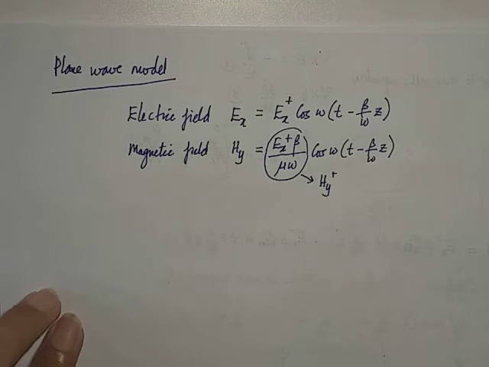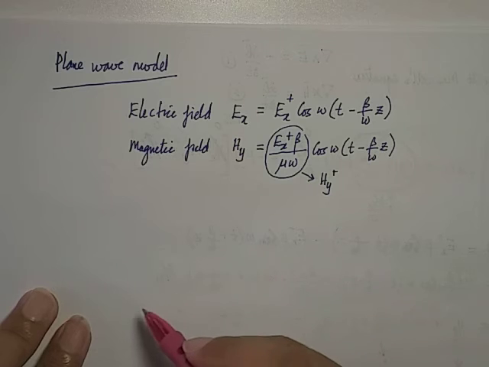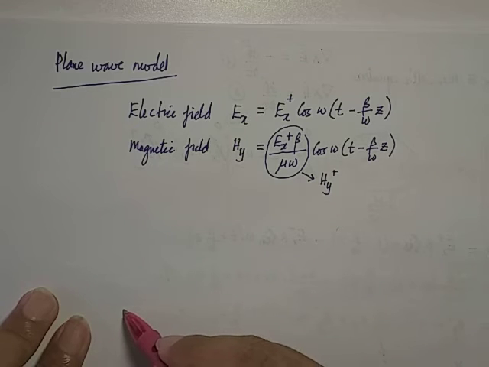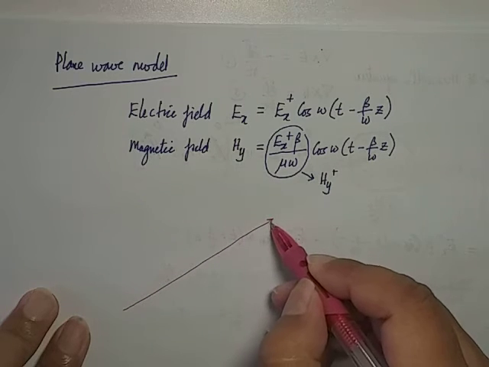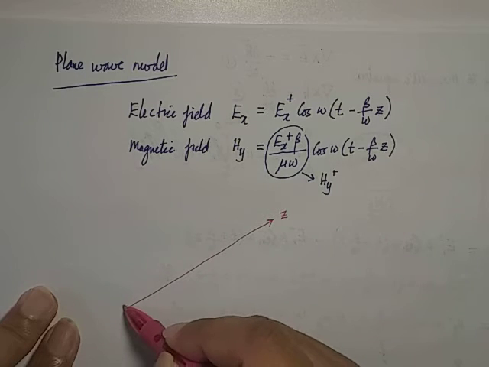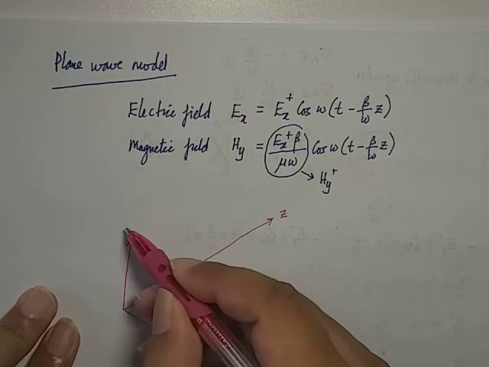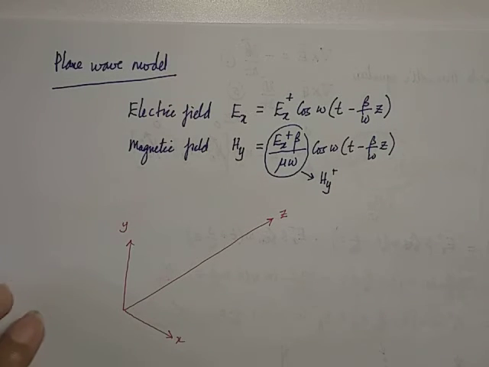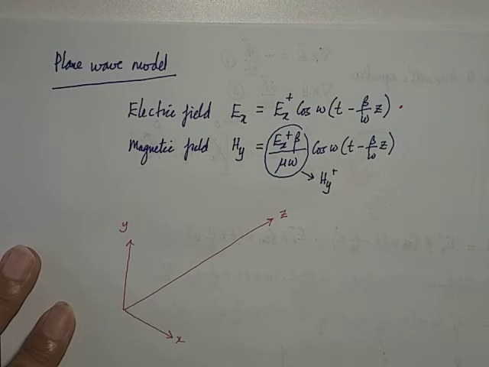Okay, let's plot this simple wave. So this is, let's say, your E, and this is the direction of propagation, the Z. Let's say that this is the X axis and this is the Y axis. Let's make it like that. I'm going to draw this in red color.